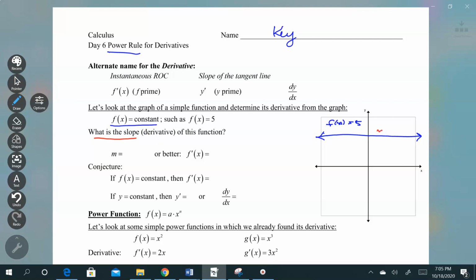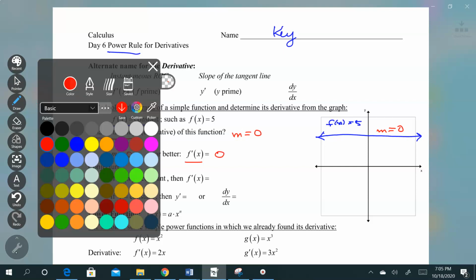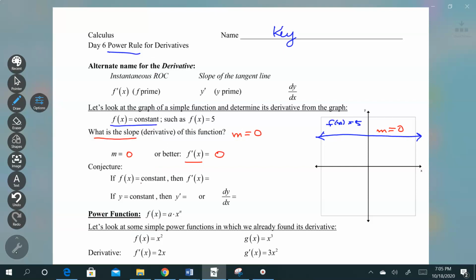Well, the slope of this function is 0. Or, better yet, we call f prime, the derivative, is equal to 0. So whenever we have a constant, the derivative of a constant is 0, or y prime equals 0, dy over dx equals 0. Okay, that's for any constant number, whether it be -8, 2.2, or anything.